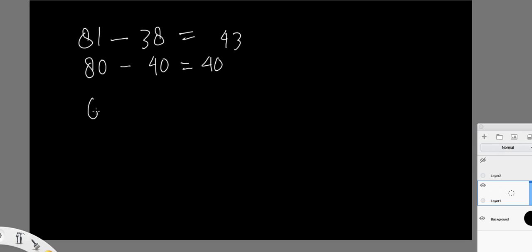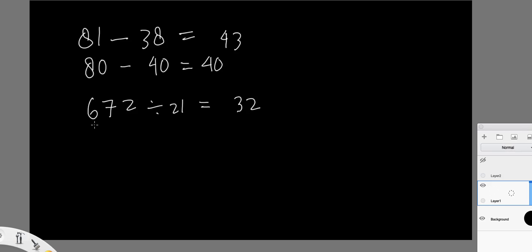And 672 divided by 21. In the manual calculation, we get the answer about 32. We want to do it in the estimating method.